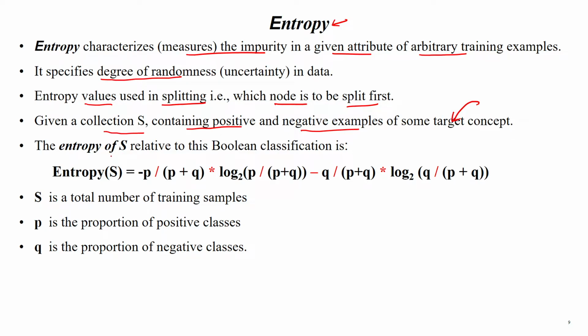The entropy of given collection of training samples is relative to the Boolean classification function, because which is mostly used for binary classification. So we are going to use Boolean classification like 0 or 1, yes or no, true or false. So here S is representing the total number of training samples, P is representing the number of positive samples given in the data set, Q is the number of negative samples given in the data set.